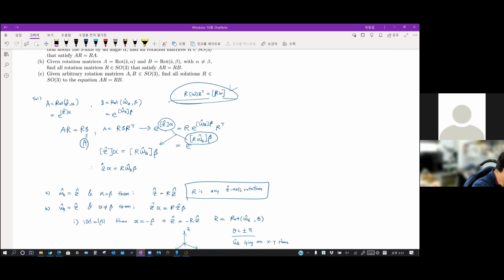And secondly, the B, given rotation matrix A and B. So this one is about the case where alpha and beta are not the same.